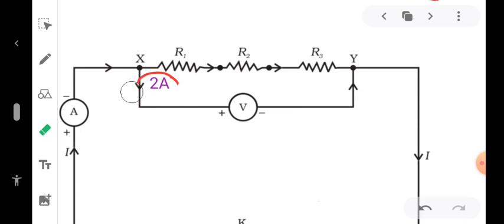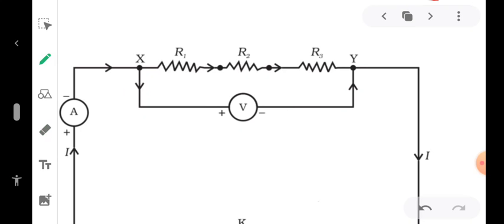After that, what is the current flowing through the resistor? That is the second thing we have to analyze. If the same amount of current is flowing through all the resistors, then it is a series connection. All the time we don't need to calculate the current value.